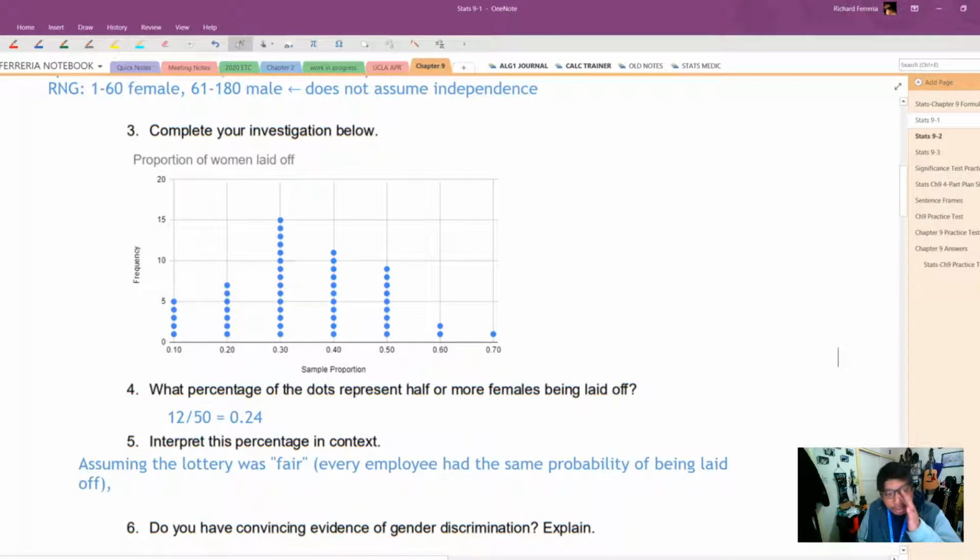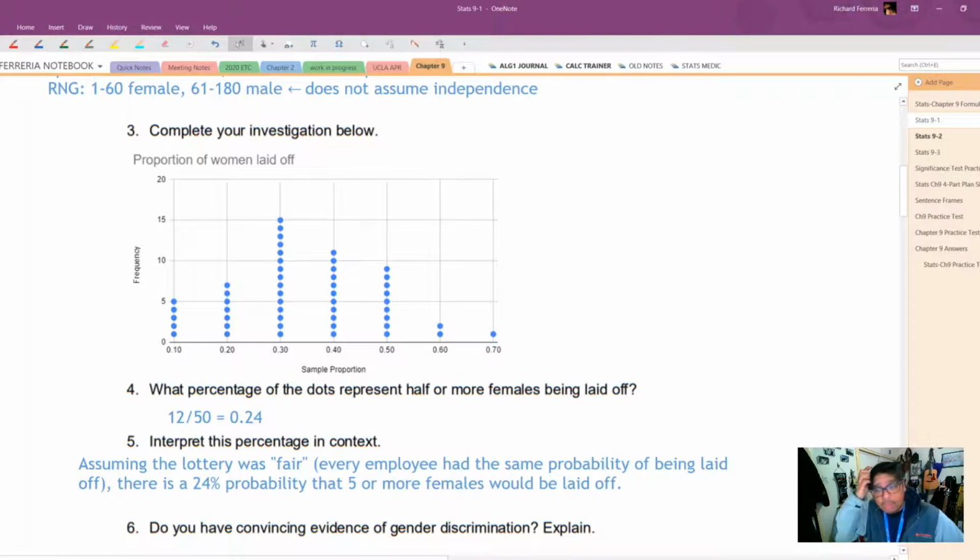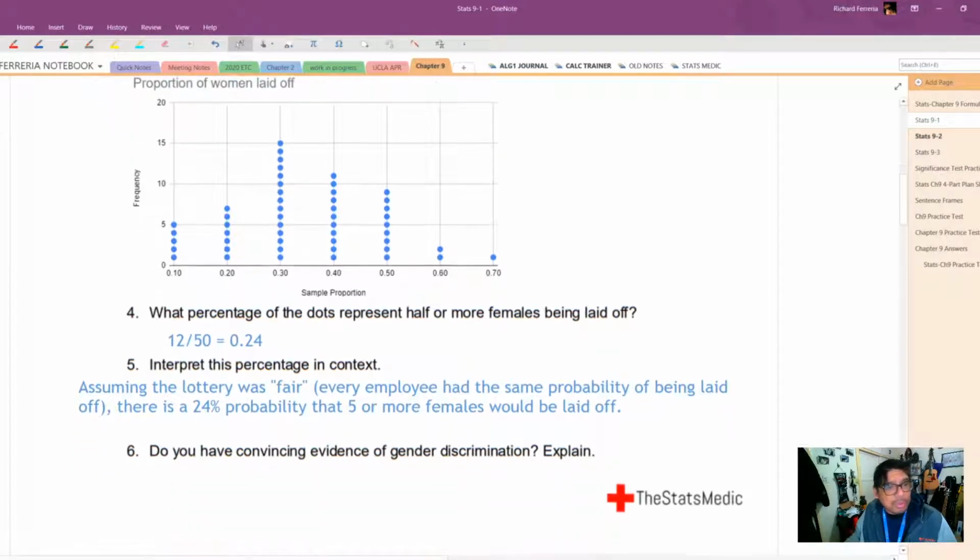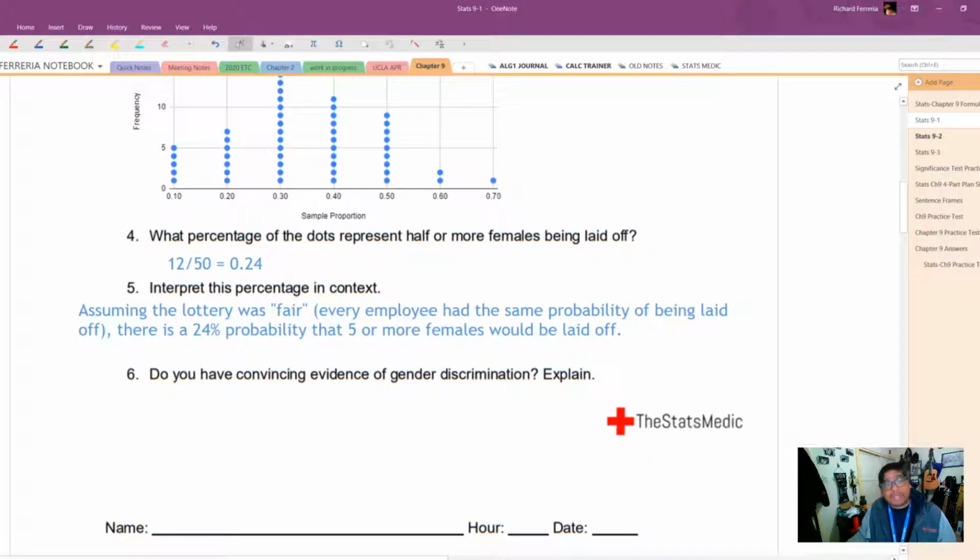Okay, so assuming this was fair and every employee had the same probability of being laid off, there is this 24% probability, a 24% probability that 5 or more females would have been laid off from the company. Which brings us to, does this give us convincing evidence for gender discrimination?